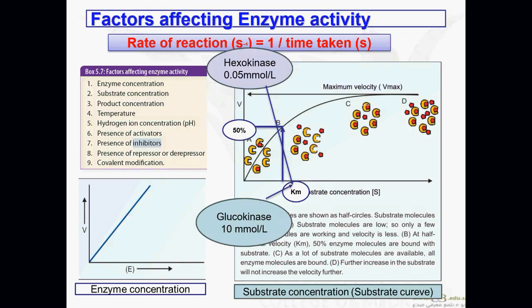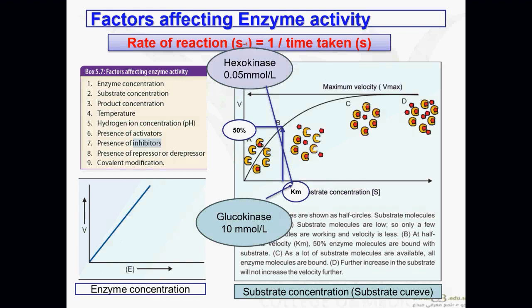It has a very high binding affinity, and it is insulin dependent. So it can reach the Km, or 50% velocity, with glucose at a concentration of 0.05 millimole per liter.